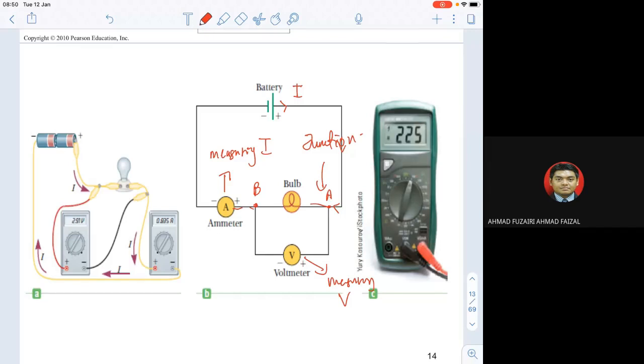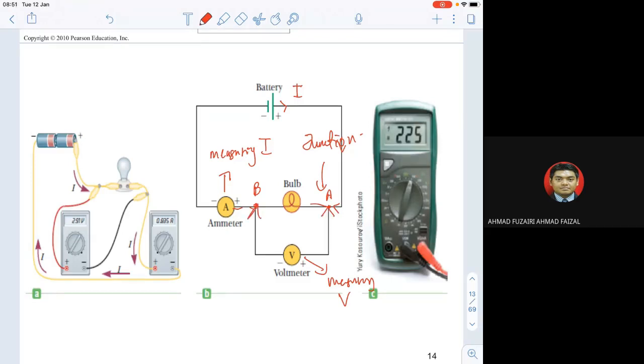And of course, if you look carefully, the ammeter will be connected to the electric circuit in series with the bulb. But the voltmeter comes straight to the bulb. So if you want to measure the voltage of the bulb, the voltmeter goes here.